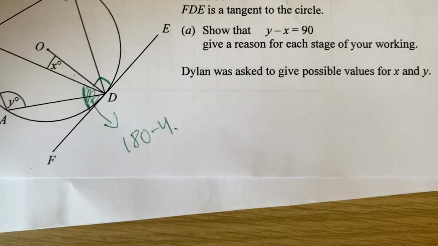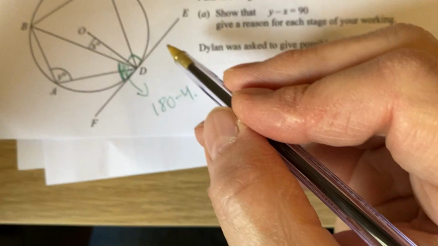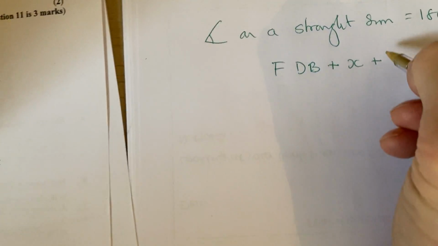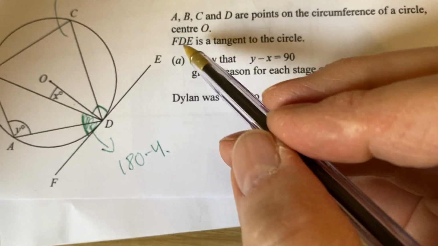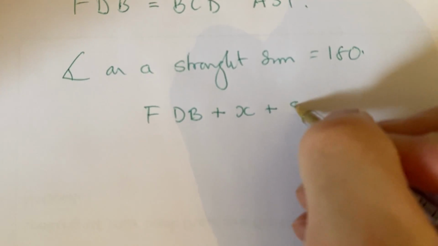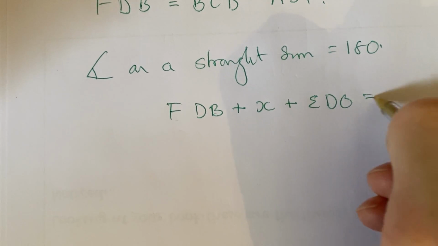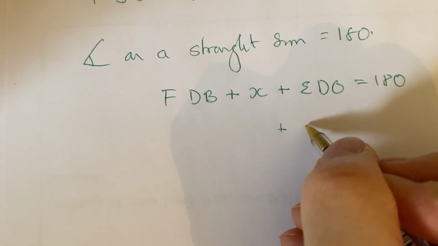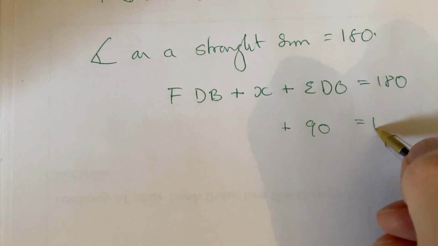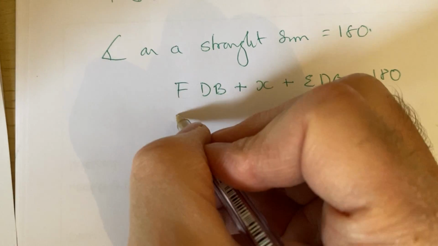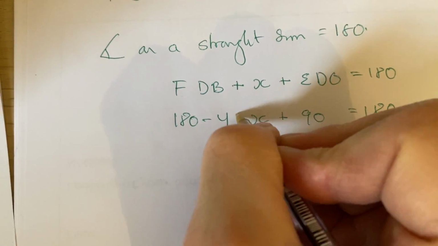And so what I've got here is FDB plus my angle X, plus that angle EDO must equal 180. And we know that EDO is 90 degrees, because we said that at the top. And we know that angle FDB is 180 minus Y.